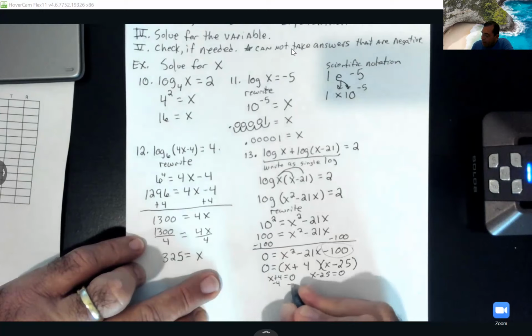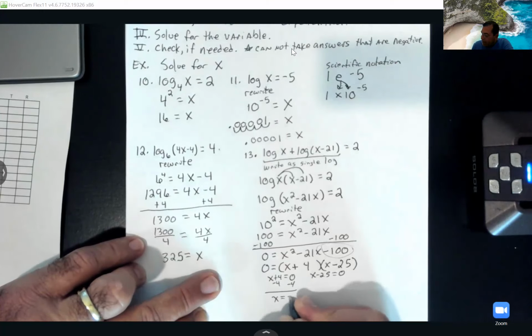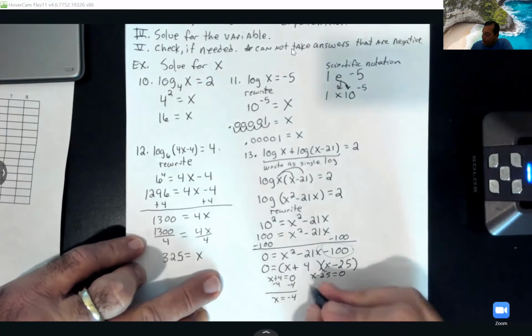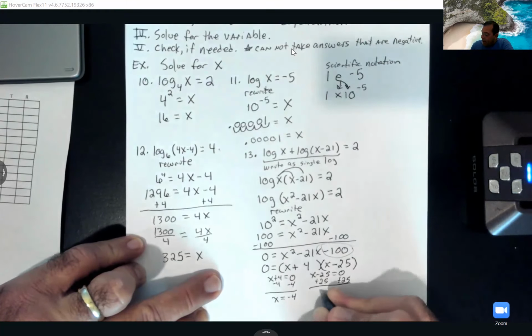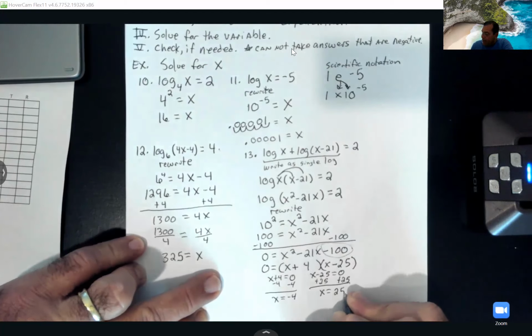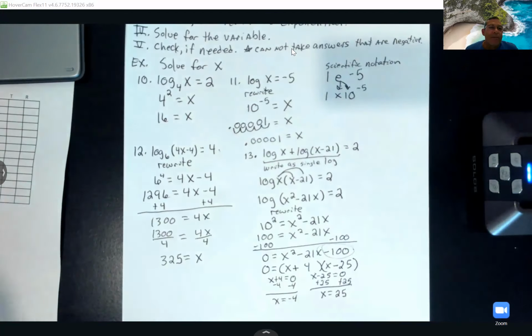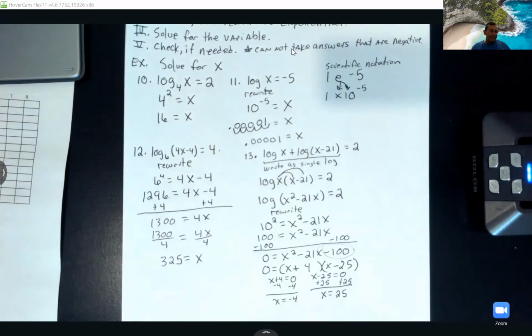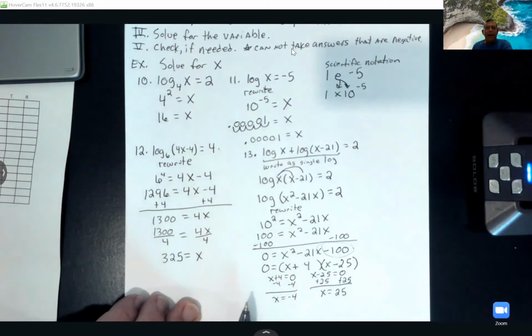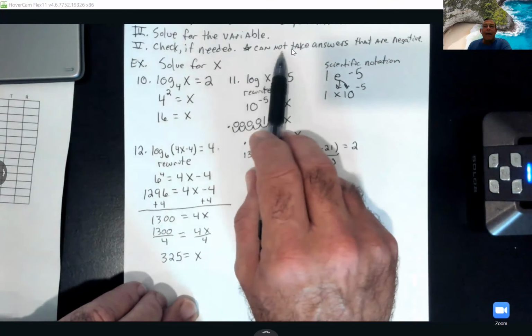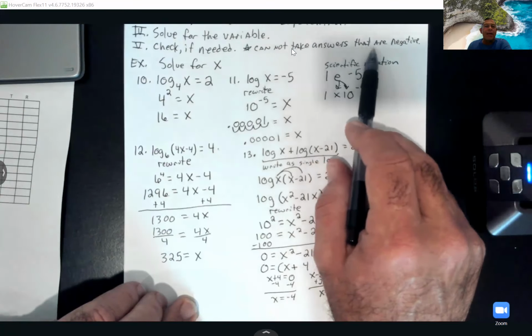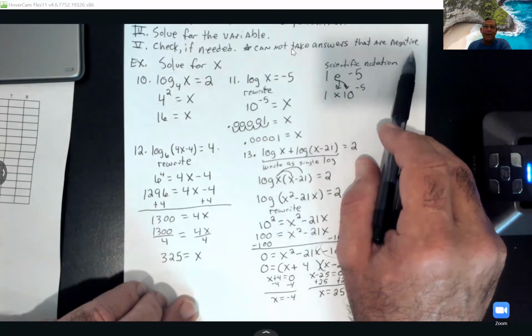All right, now set both these equal to 0 and get my answers. So I'm going to subtract 4. I get x is negative 4. I'm going to add 25. And I get x is 25. So what's my final answer? I'm going to go up to here and say one thing. I cannot take answers that are negative.